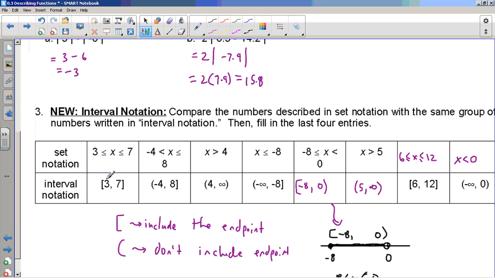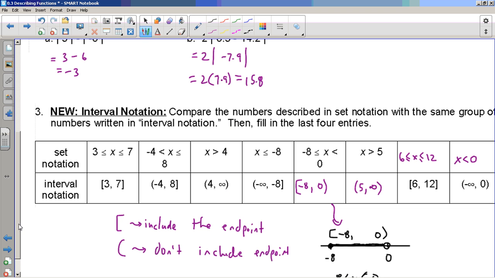So in interval notation, the square brackets mean to include the endpoint, and the round brackets mean to not include the endpoint. Notice if we're talking about a number line that goes off to infinity, we actually write the infinity in there, and it can never be equal to infinity. So that's why we use a round bracket instead of a square bracket.